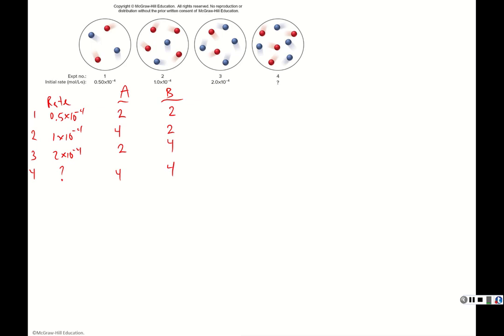For the first question, let's look at the rate of experiment 1 and 2. If we take the rate of experiment 2 divided by the rate of experiment 1, in those 2 experiments B is kept constant and A is changing.